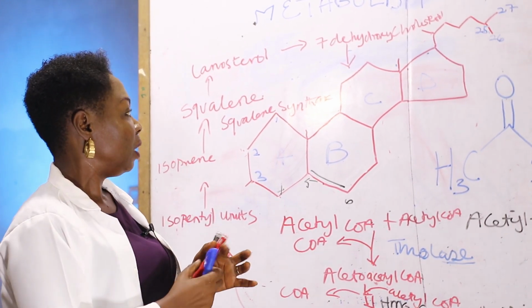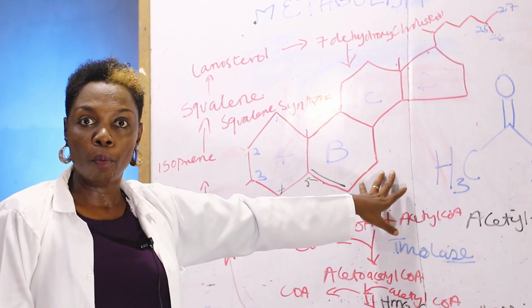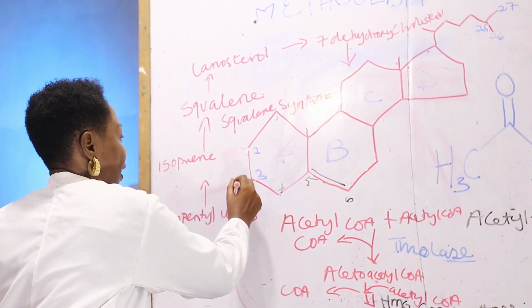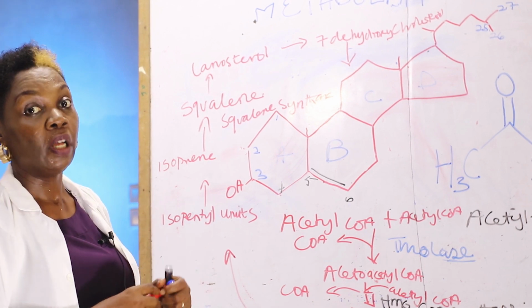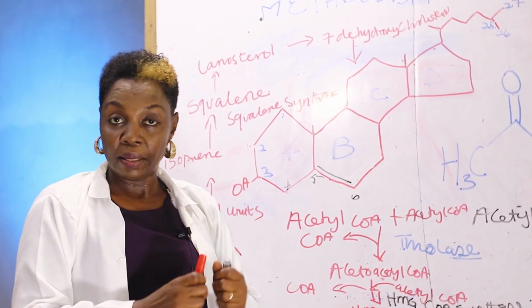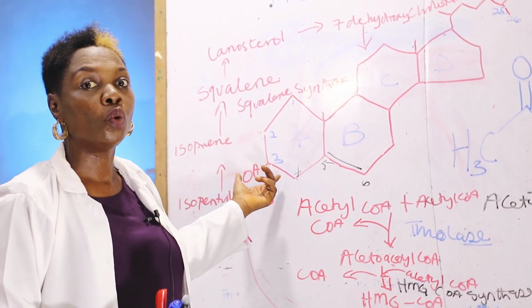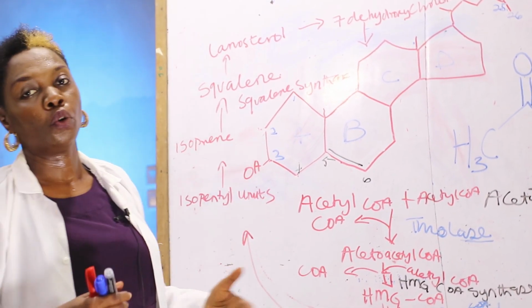So this is the active form of cholesterol, and the inactive form of cholesterol is cholesterol ester, where cholesterol is attached to a fatty acid component and is stored within the cell.